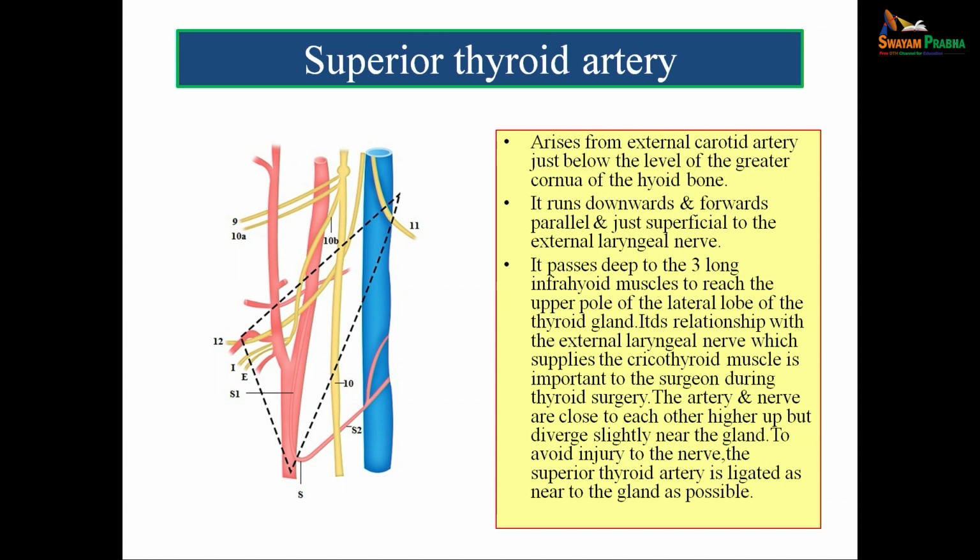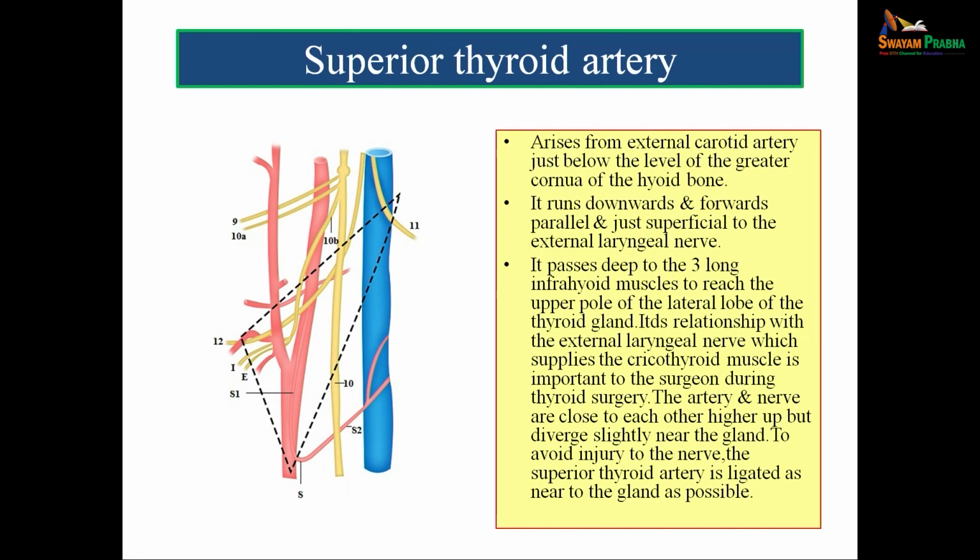Superior thyroid artery, if we describe in detail, it arises from external carotid artery just below the level of greater cornua of hyoid bone. It runs downwards and forwards parallel and just superficial to the external laryngeal nerve. So, we see that the superior thyroid artery has got a relation with the external laryngeal nerve.